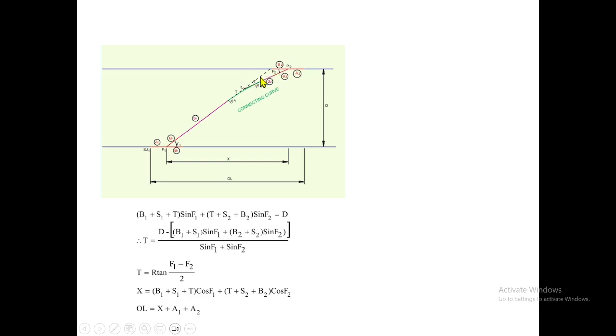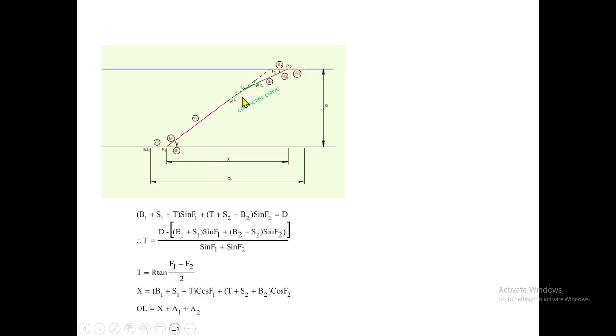So when we know this angle, this angle minus this will be our deflection angle. That is F1 minus F2. So that is what is written here: T equals R tan of the deflection angle (F1 minus F2) divided by 2.